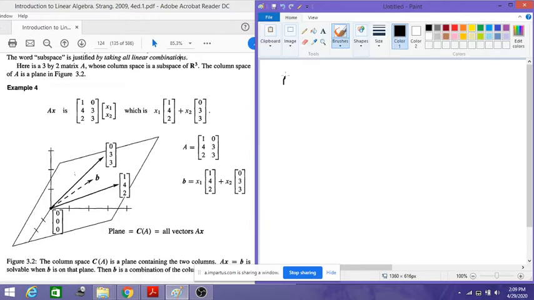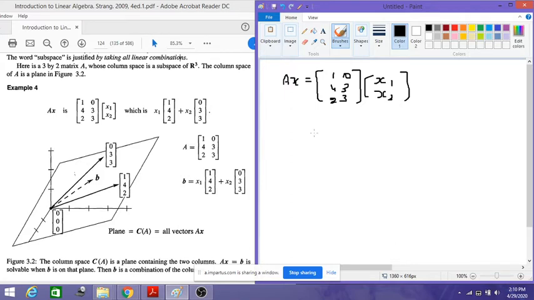So let's take an example here as AX equal to, that is we have 1 0 4 3 2 and 3, times x1, x2.